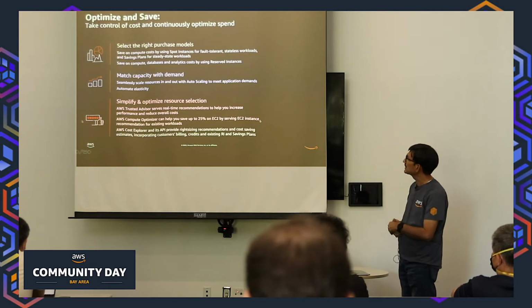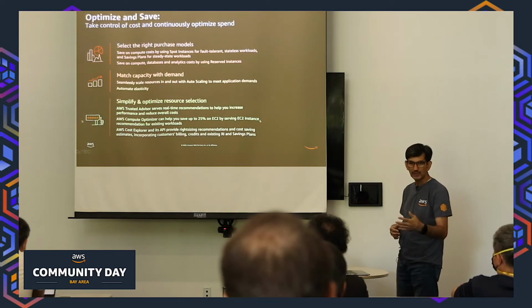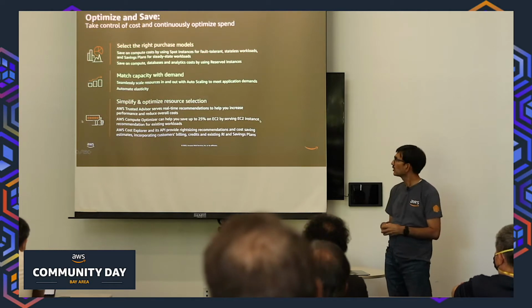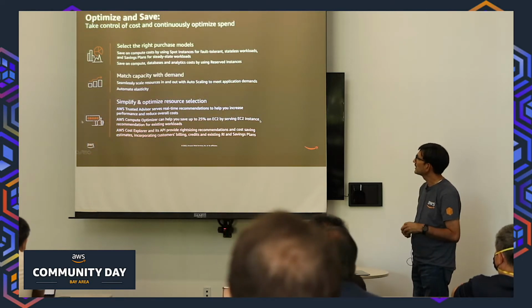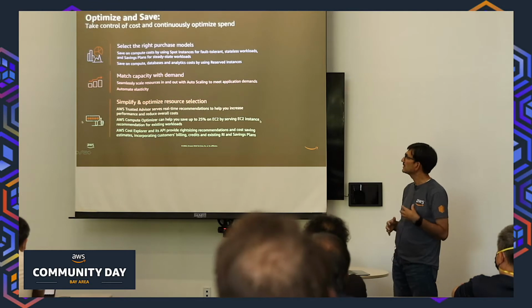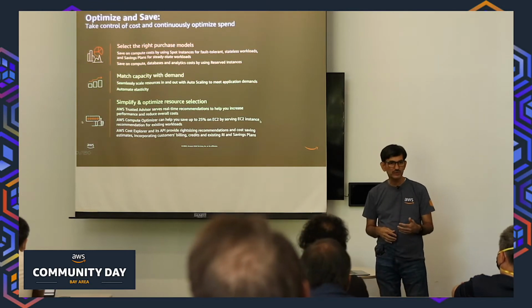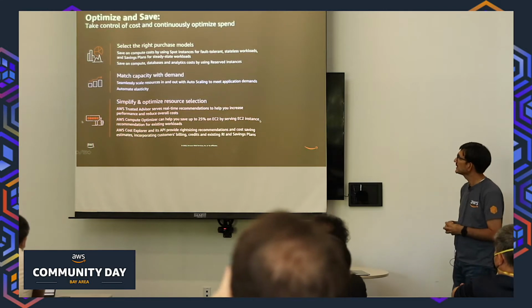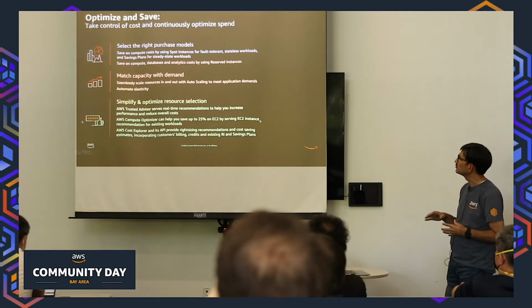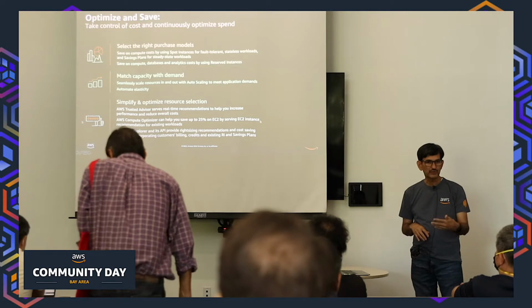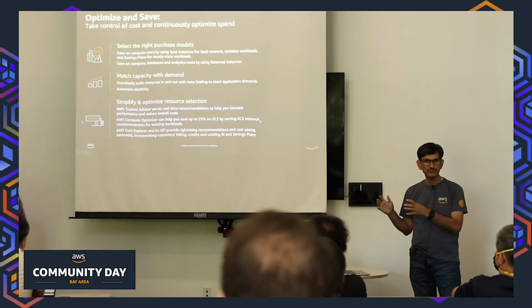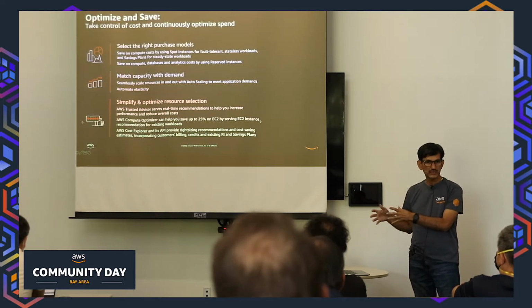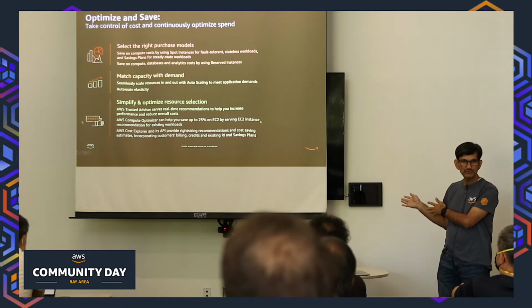So continuing in the optimization now, we talked about awareness and the optimization area. The very basic optimization starts with choosing the right models available to purchase. And it could be something that is different for the compute layer, could be different for storage and S3, could be different for every different service.